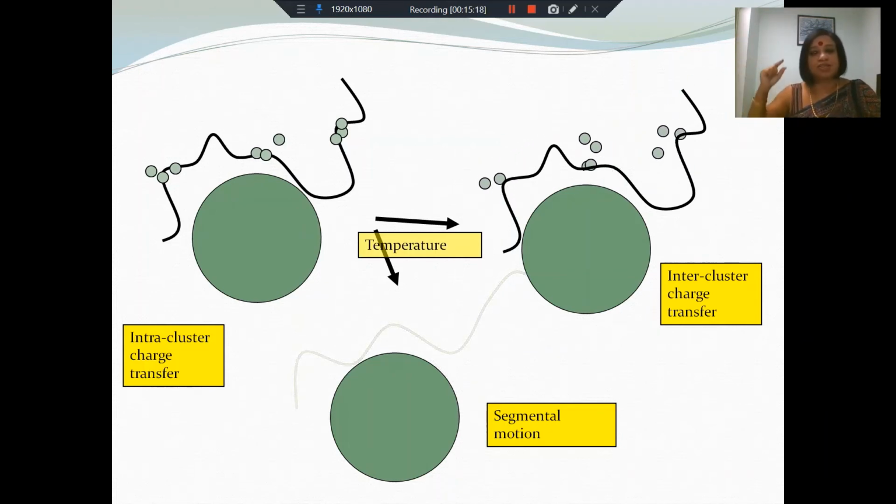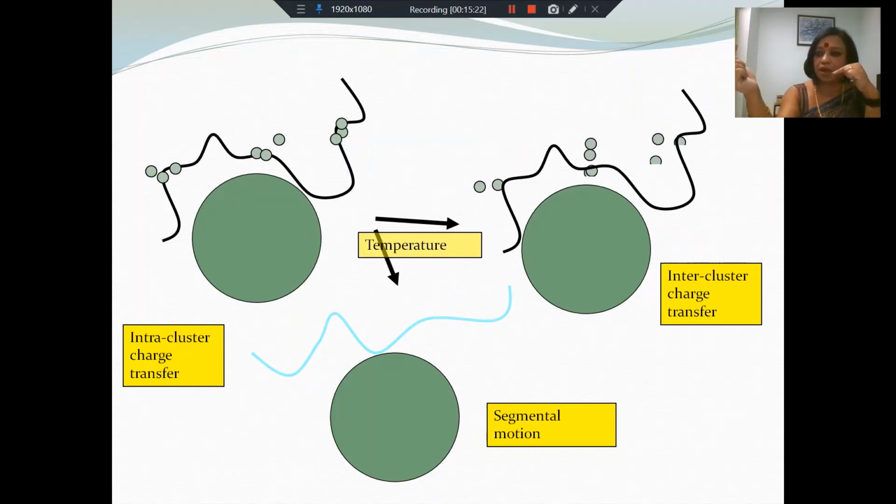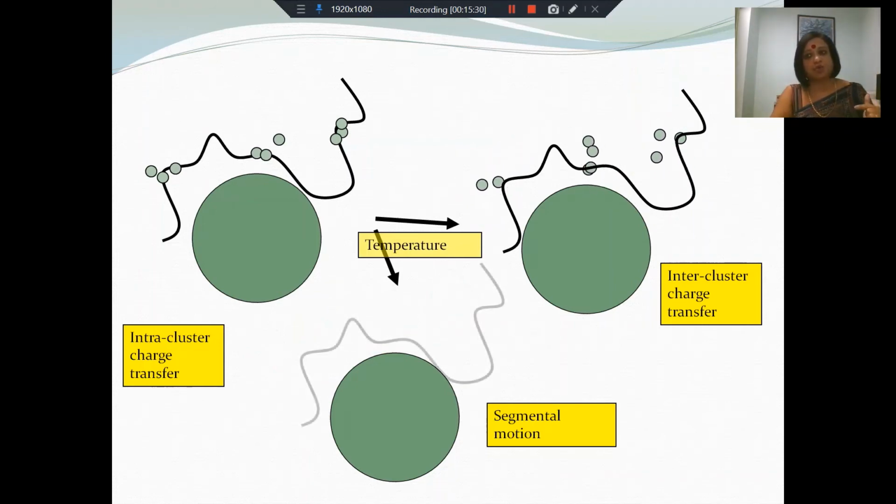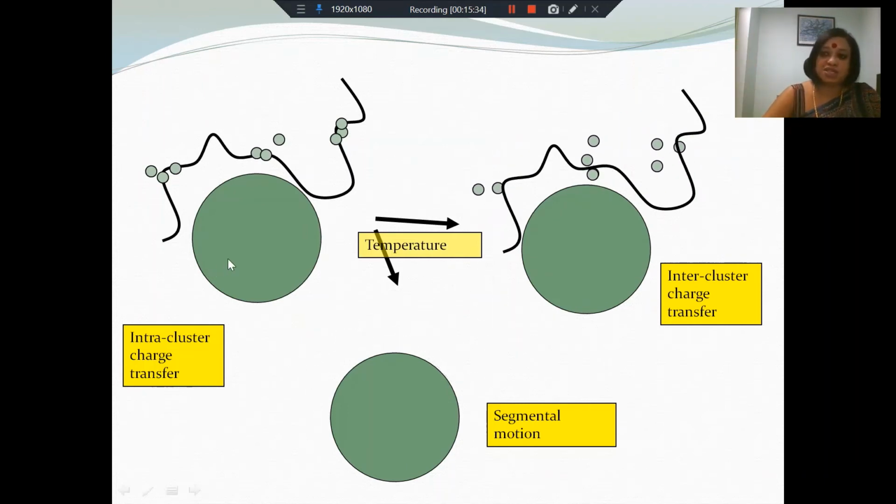It is not a single charge particle which is moving from one electrode to another. The electron or the charge particle has to move just between two neighboring clusters, but there is an effective charge transport from one electrode to the other, and this is called quasi-DC polarization. So DC charge transfer would be where you have one free charge moving from one electrode, traversing the entire distance to the other electrode.